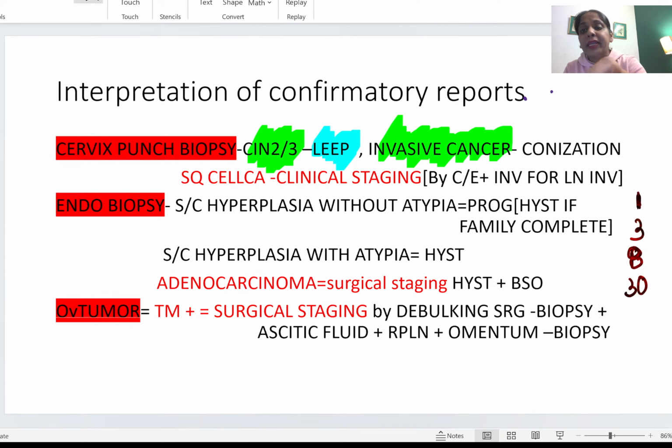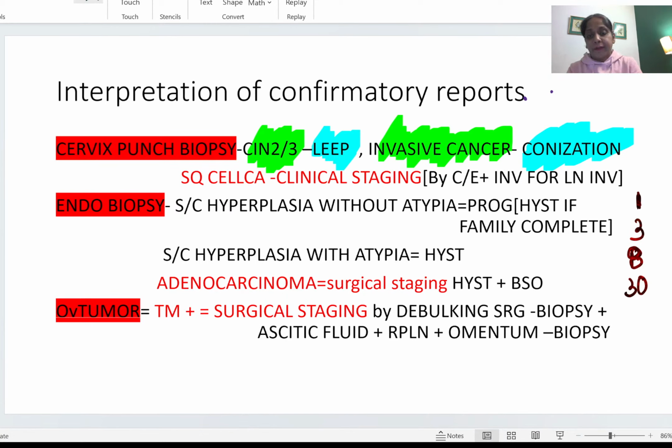Then the treatment is conization. We have to remove the whole cone. And if the report says squamous cell carcinoma, then we will undergo clinical staging. Once it is confirmed on the biopsy report that this is a cancer, then we have to treat that cancer.